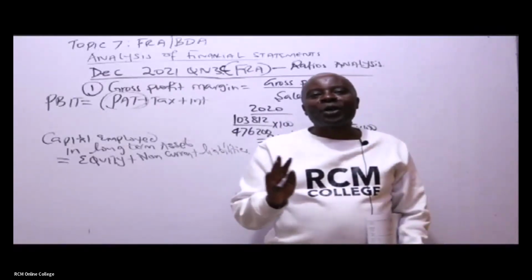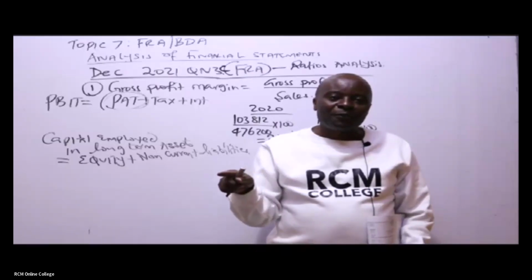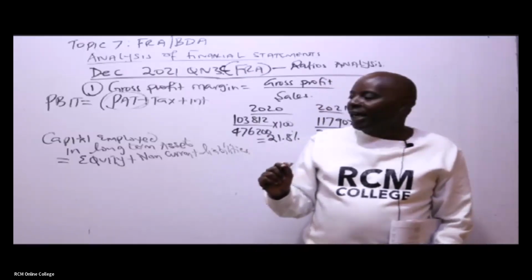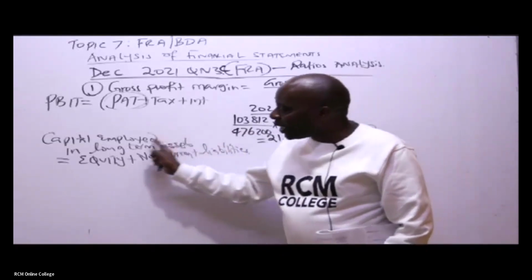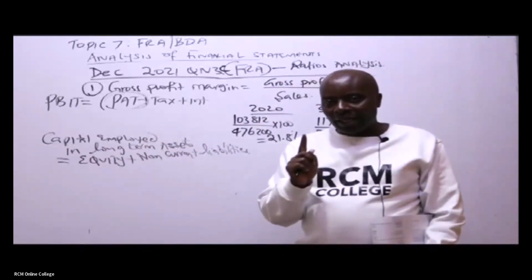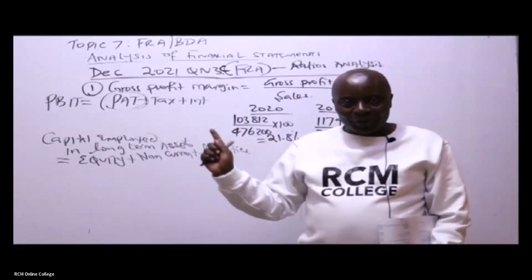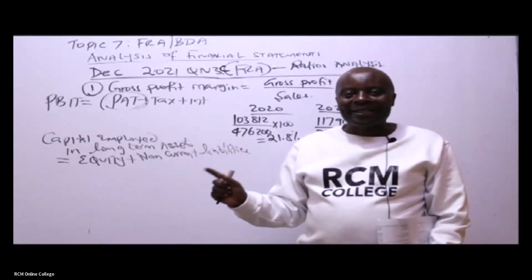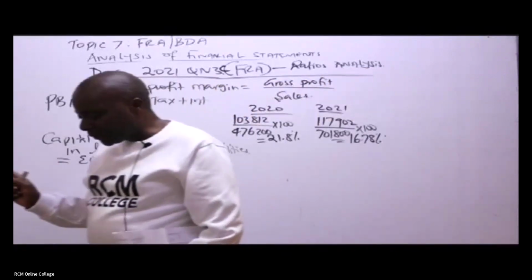That is the capital that you can talk about having employed. But you can't employ current liabilities. So make sure you highlight this, because it is very, very important. That's capital employed in long-term assets.